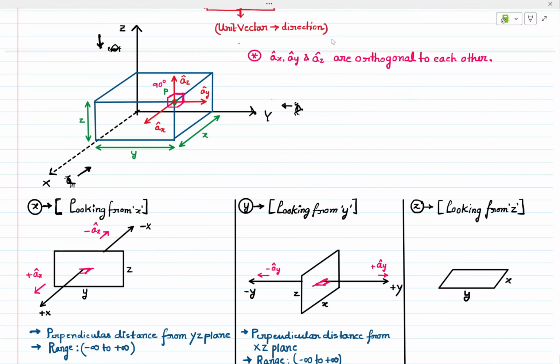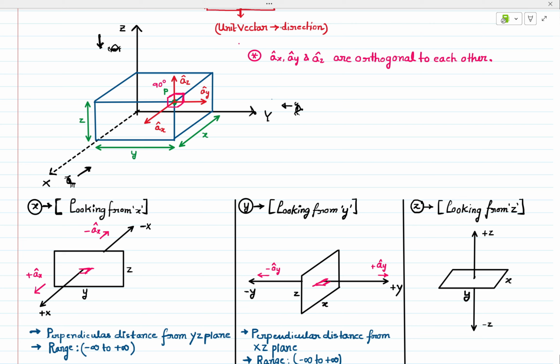And this is the Z. According to this picture, this is the plus Z direction and this is the minus Z direction.